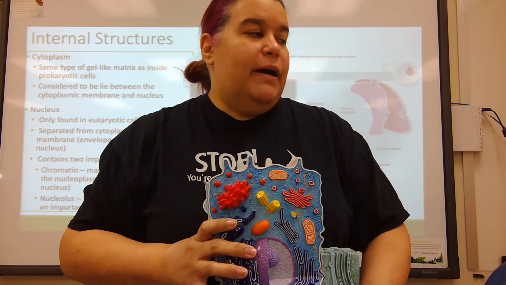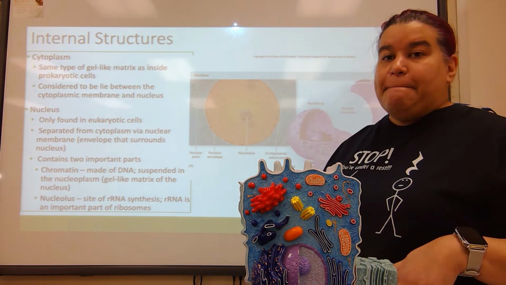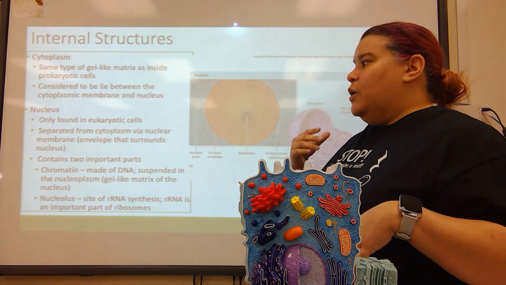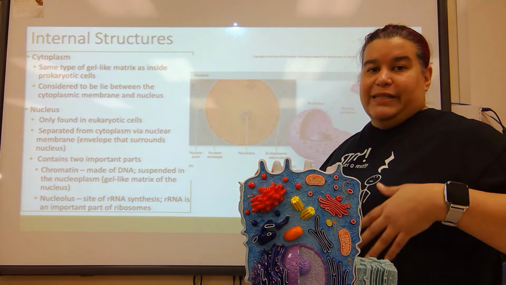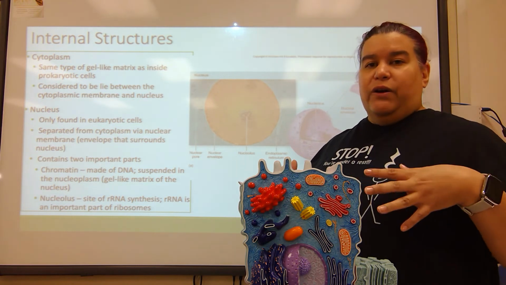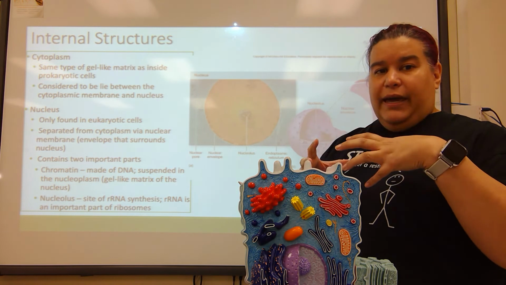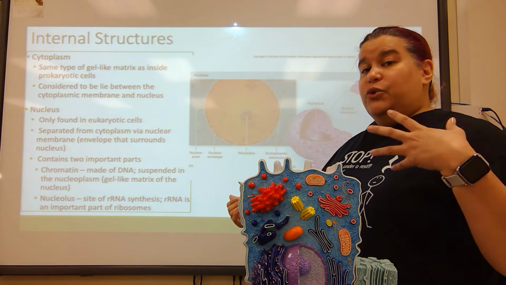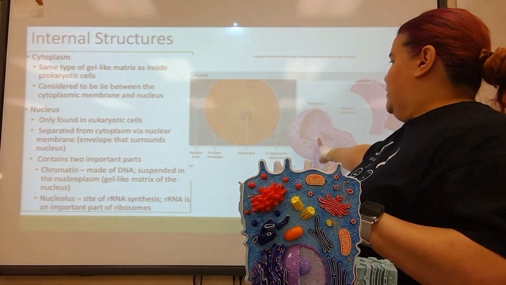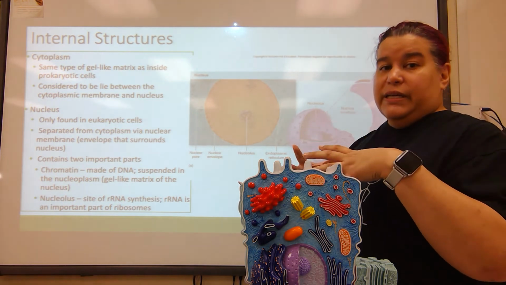It contains two primary important parts. One is the chromatin, which is the DNA. It's suspended in its own goo that we call the nucleoplasm because it's inside the nucleus. And then you have the nucleolus, which is a dense body that floats inside of that nucleus.